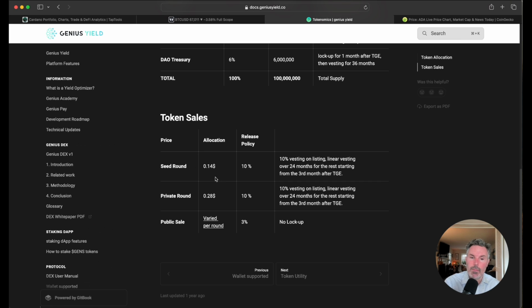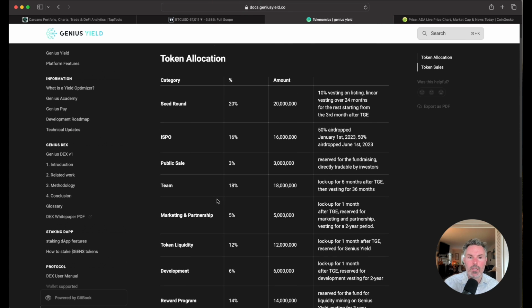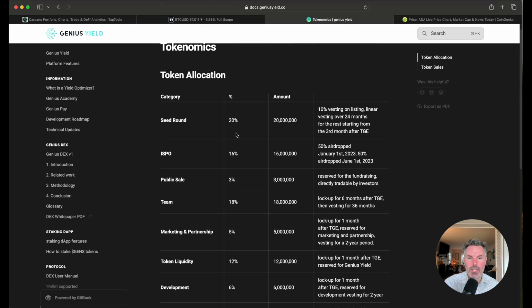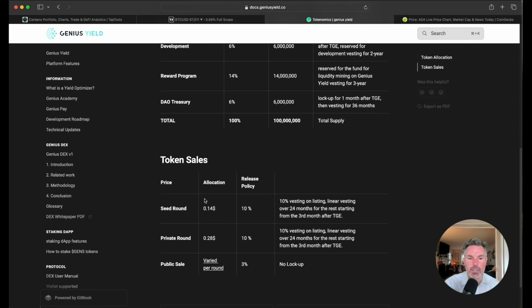You're going to get more of an opportunity in the beginning. And then the private round, which comes later, they're selling the GENS tokens to the private round investors at 28 cents. And if we roll back up to the seed round, 20% of those tokens, 20 million tokens, were sold at this price.